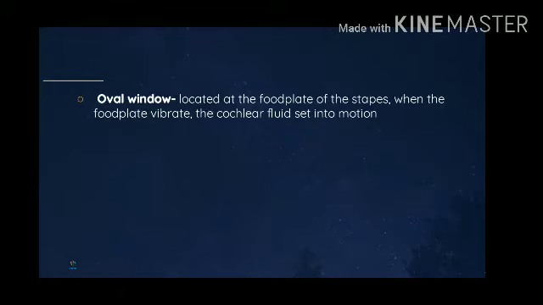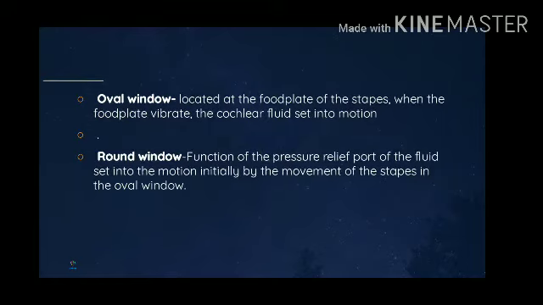It includes the oval window and round window. The oval window is located at the foot plate of the stapes. When the foot plate vibrates, the cochlear fluid is set into motion. And the round window functions as the pressure relief part for the fluid set into motion initially by the movement of the stapes in the oval window.